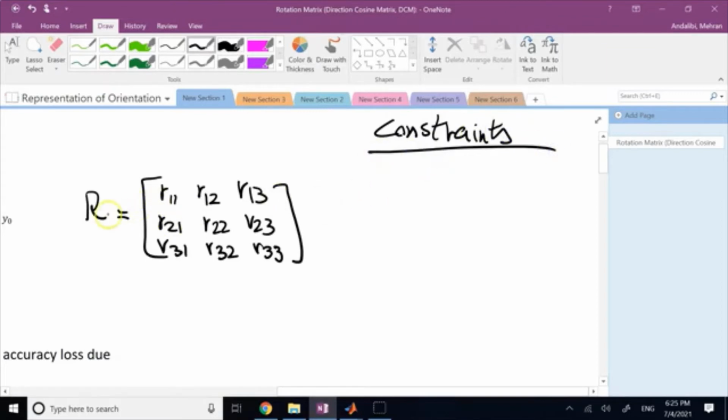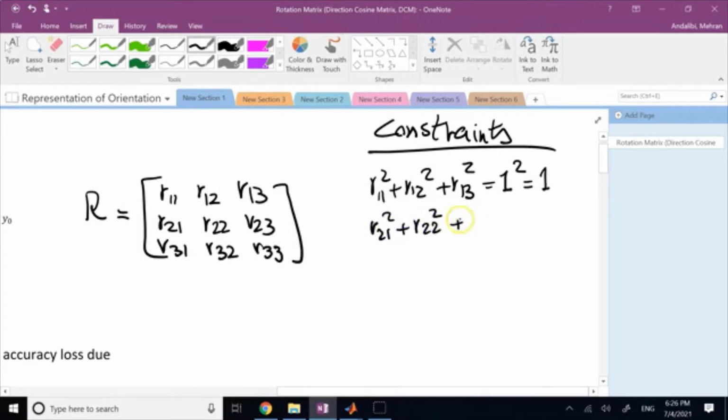And what are they? The first one is the magnitude of the first column is 1. So we can say that R11 squared plus R12 squared plus R13 squared is equal to what? 1 squared, or 1. The same thing applies for the second column. I guess I have to change these guys. This is going to be 2, 1.